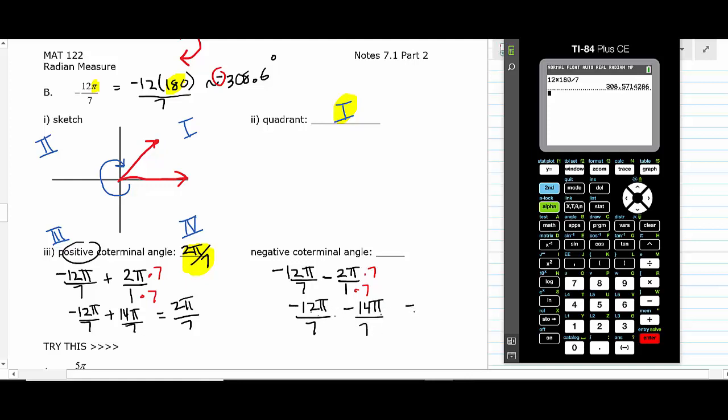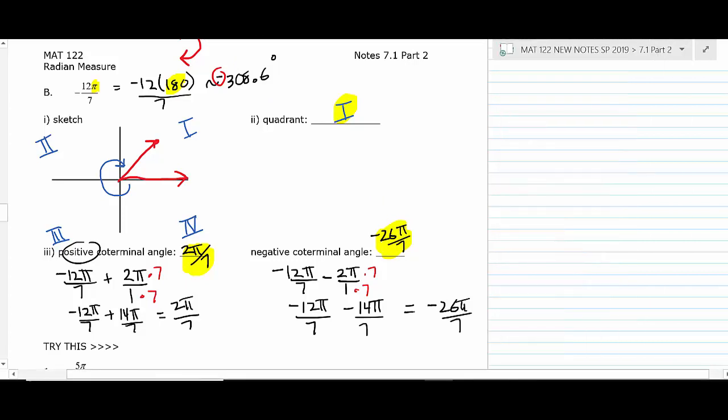That's adding 2 negatives, so that is negative 26 pi over 7. So that would be the idea on that. Just understand that 2 pi is 1 rotation around the circle in radians, and you got it.